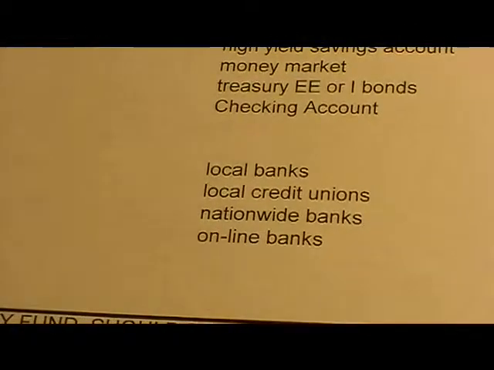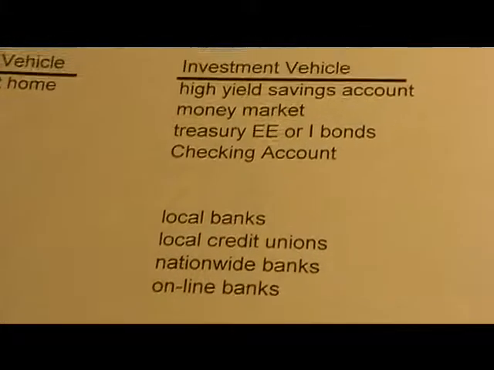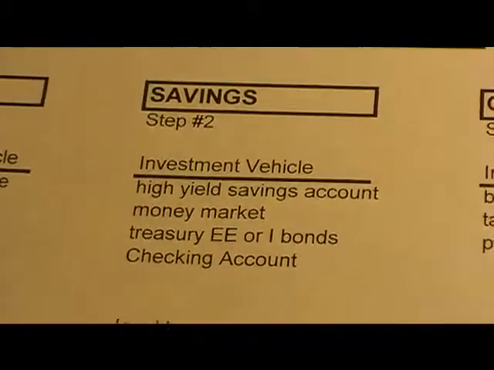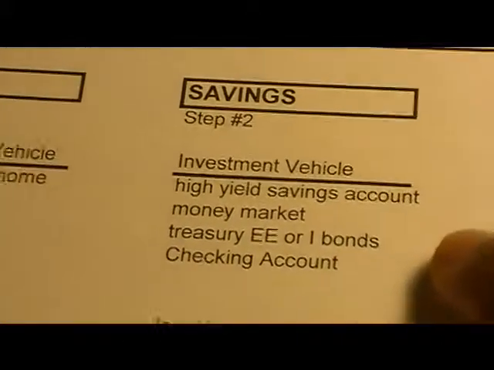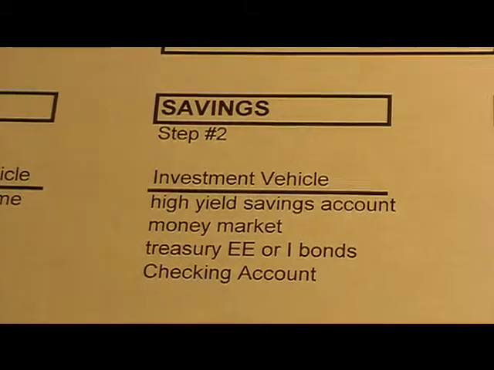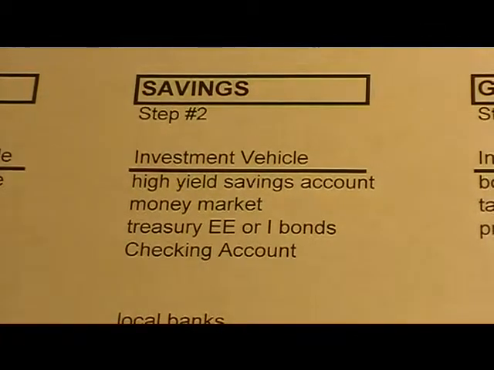And places that you can keep those are local banks, local credit unions, nationwide banks, and online banks. Now, one of the reasons why you might want to have the savings is so that you can grow your money a little bit and keep it secure.